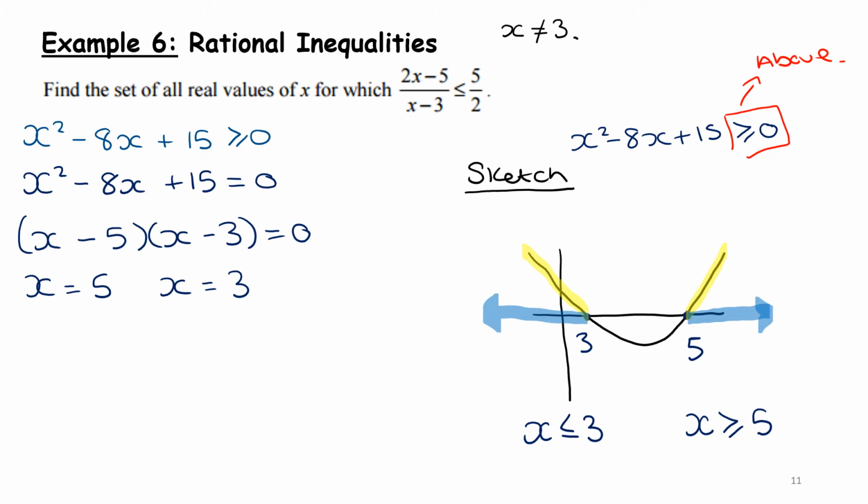The reason x cannot equal 3 is because if we look at the denominator, if x was 3, that denominator would be 0. And it's not possible to have a denominator of 0 because we cannot divide by 0. So how does that affect my answer? Well, here I have a less than or equal to sign because my question had an or equal to. However, since it cannot be equal to 3, we are going to instead just leave this as a less than 3.